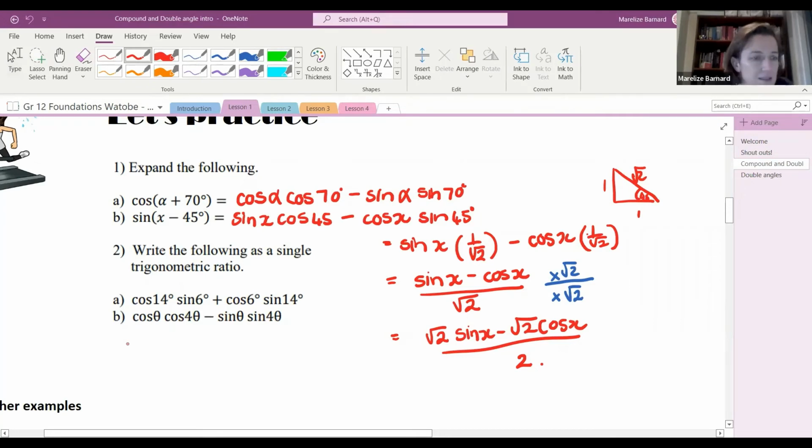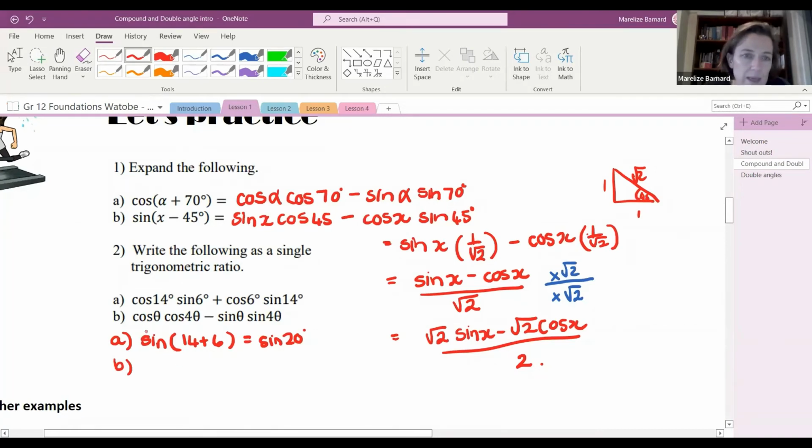Remember the identities got it as sine cos, cos sine. So the first two terms, it's fine if you switch them around to fit the pattern, but it really is just sine 14 plus 6, and that is sine 20. 20 is not a special angle, so we don't need to simplify further.